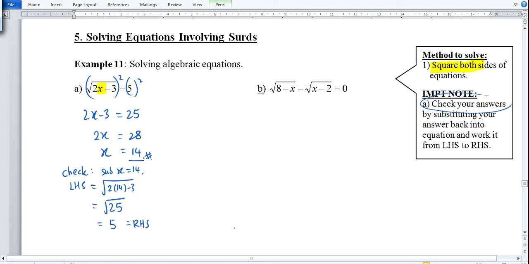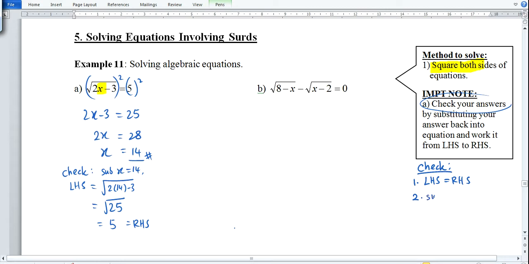Now, some things to note when you check. Besides the fact that your left hand side has to be equal to your right hand side after your substitution, you also have to check that your solution doesn't give an imaginary number.